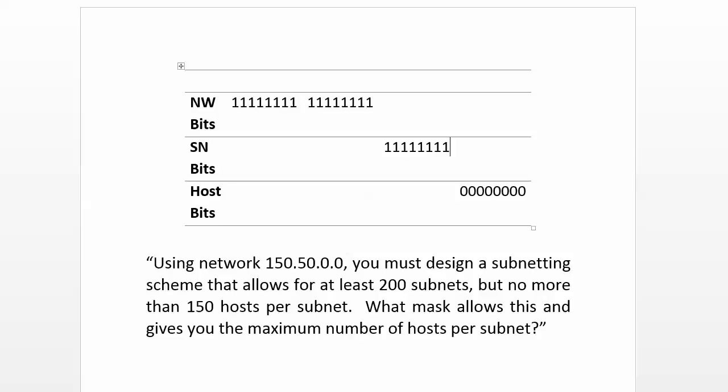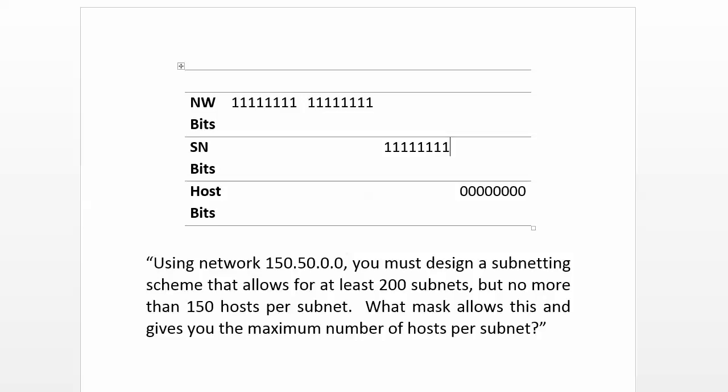Well, if we have 8 host bits left, how many valid hosts per subnet do we have? 254, right? Because you got to do the -2. So we have 2 to the 8th power, 256 minus the 2, 254, and that violates the second requirement.